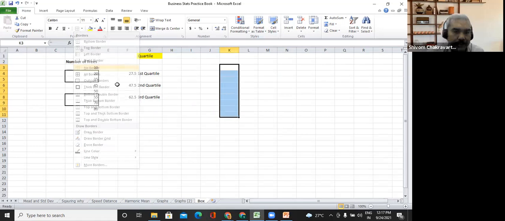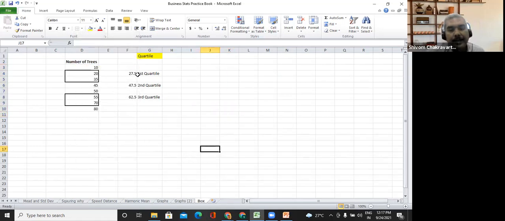We are focusing on this data set, and correspondingly we have found the first quartile 27.5, second quartile 47.5, and third quartile 62.5.